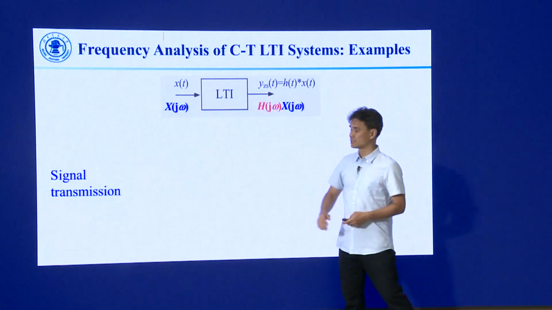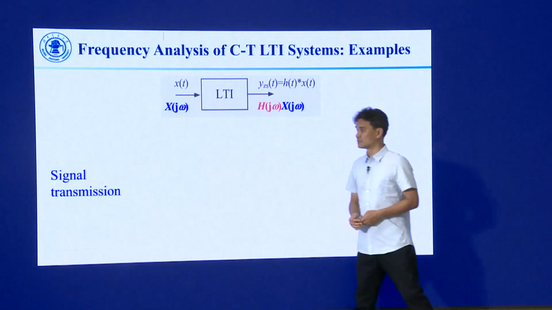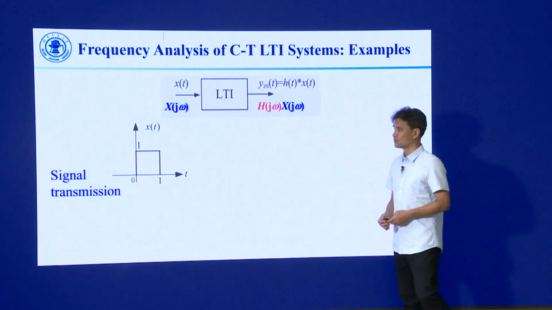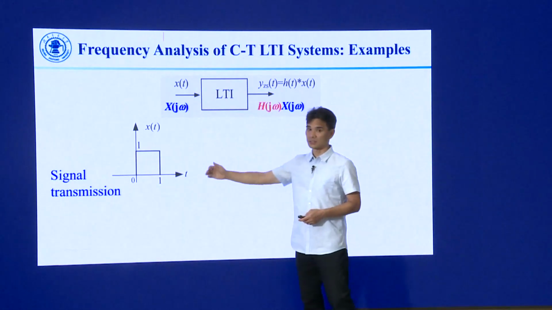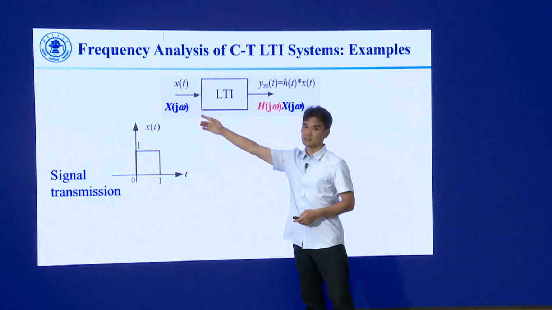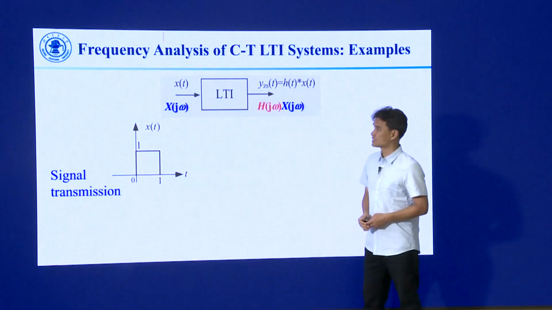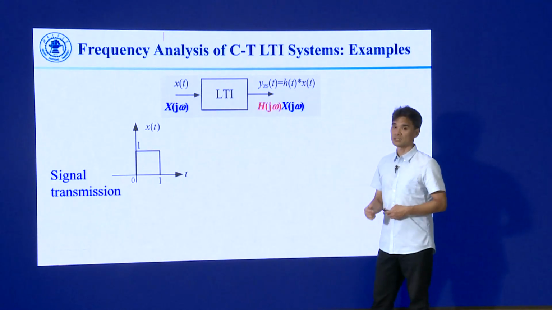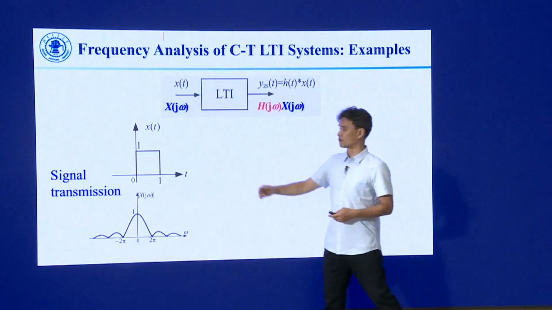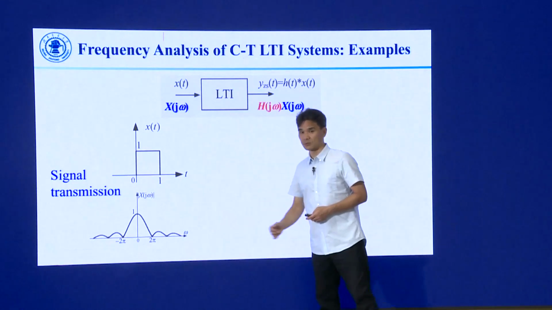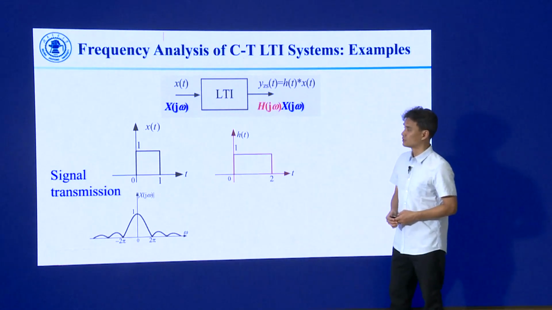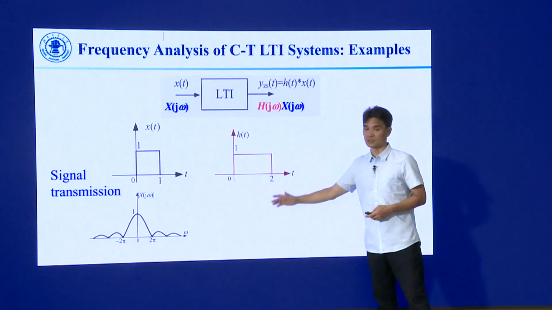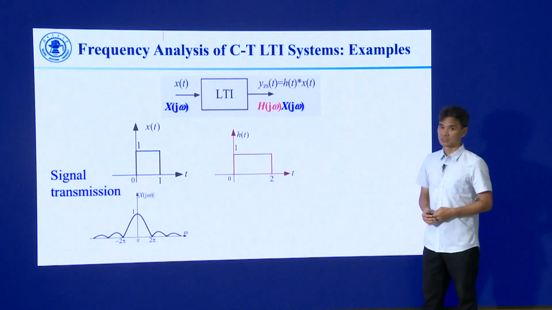If we treat the system as a signal transmitter, for example, with a rectangle signal as the input, instead of working in the time domain, an alternative way is to convert it into the frequency domain. Similarly, the system's impulse response can be converted into the frequency response.